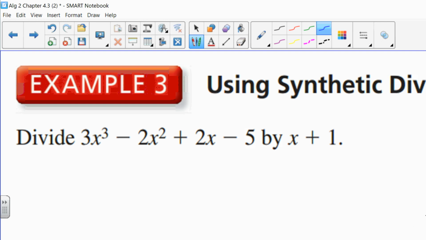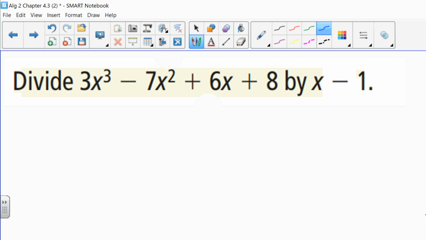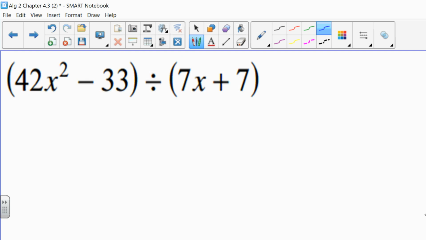We feel good about this here? Do we need to see another example of having a divisor as a binomial? These don't look bad. Not too bad. We feel good with this one here.